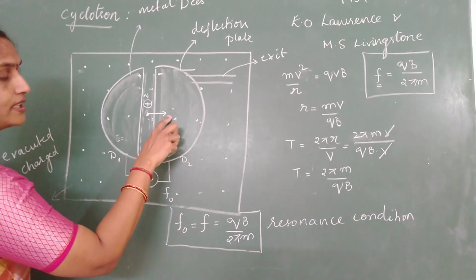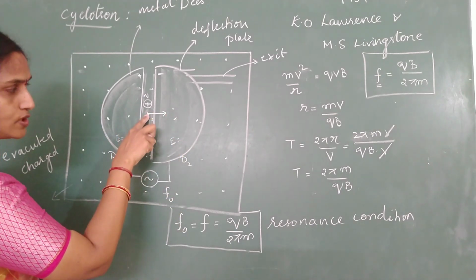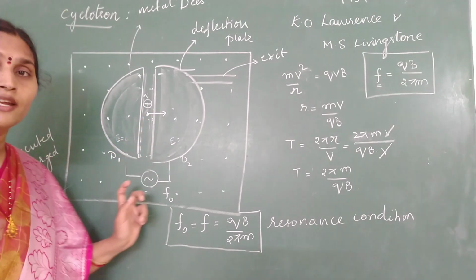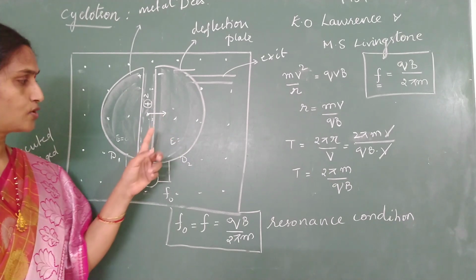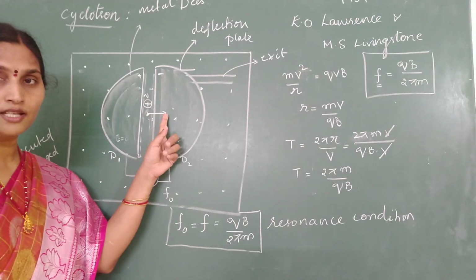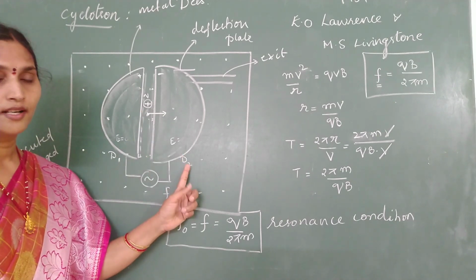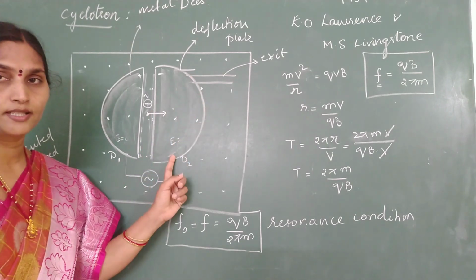That means it's acquiring some velocity due to the electric field. From zero speed, it has acquired a certain speed. So who is going to accelerate the charged particle? It is only the electric field. Because of the electric field, speed has increased and the particle quickly went into this D2. And I already told you, there is no electric field inside the metal plate.